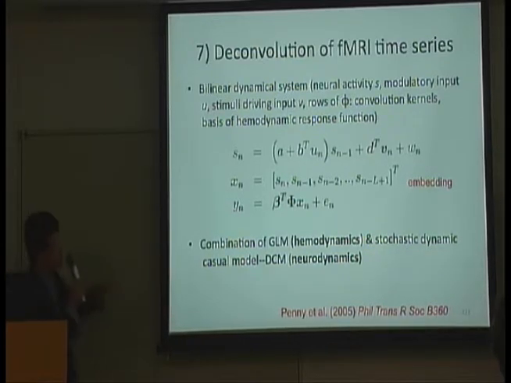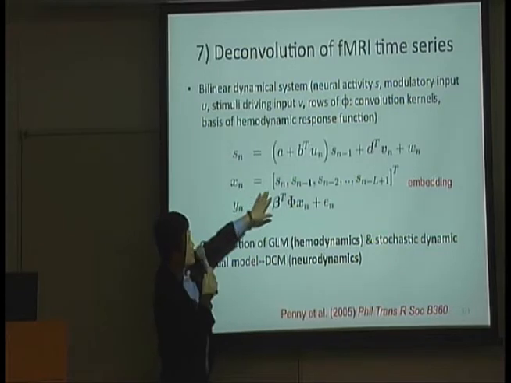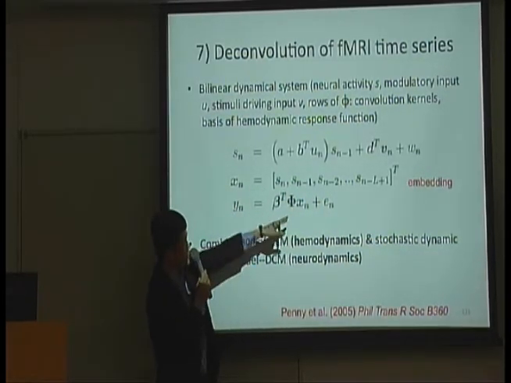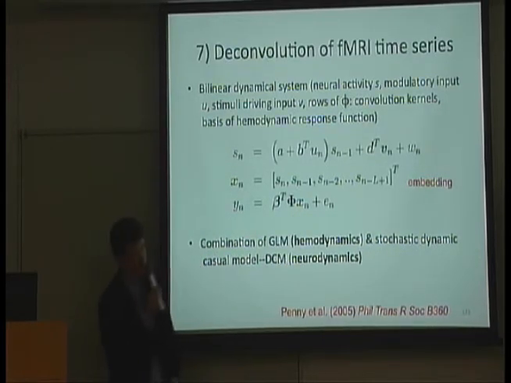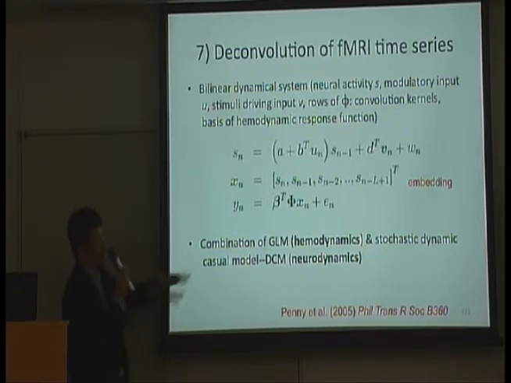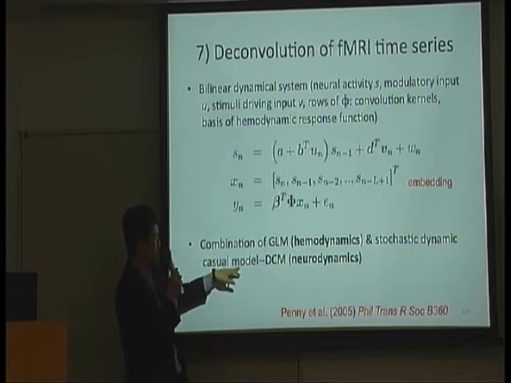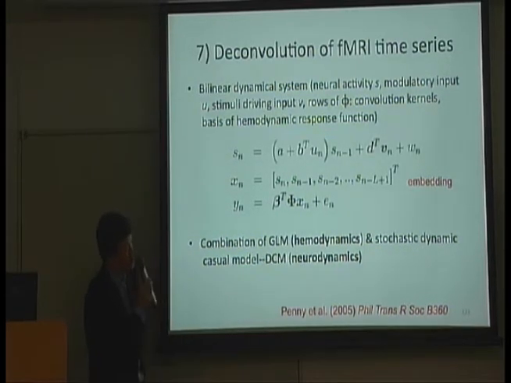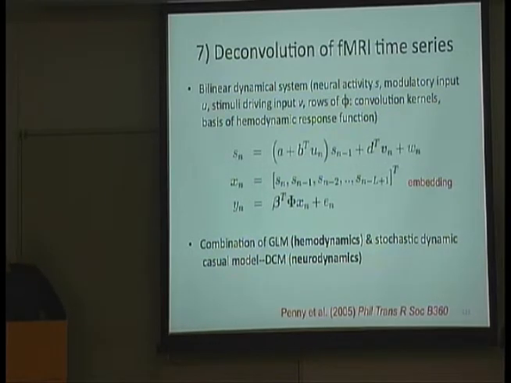And X, you can construct using the embedding technique, and you can associate it with this time series. The bottom line is that you can write down the state-space model. They use different notation in that literature. They call this the dynamic causal model, DCM, a model of neurodynamics, but essentially it's just a state-space model.